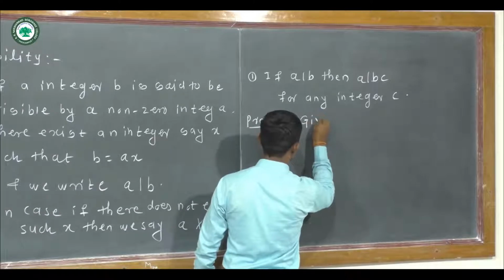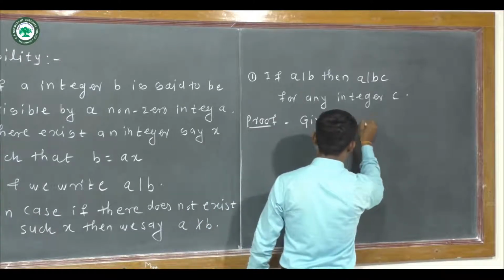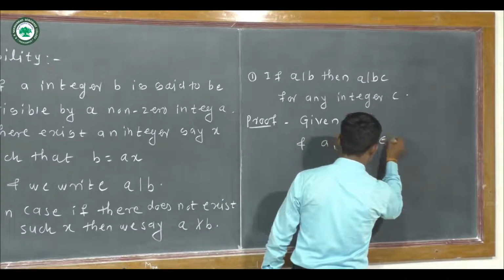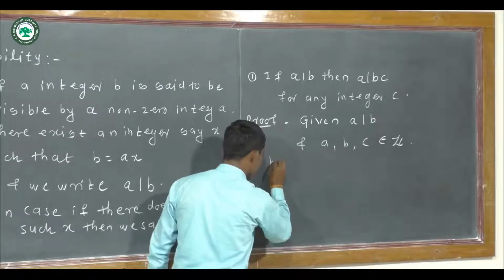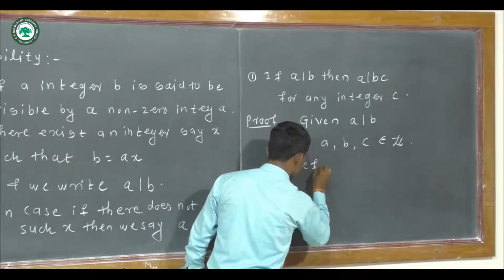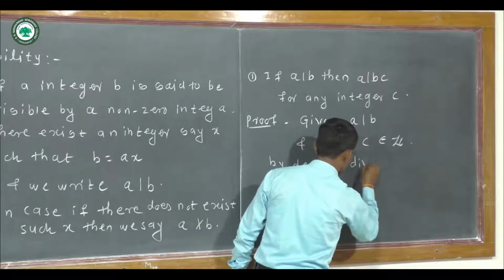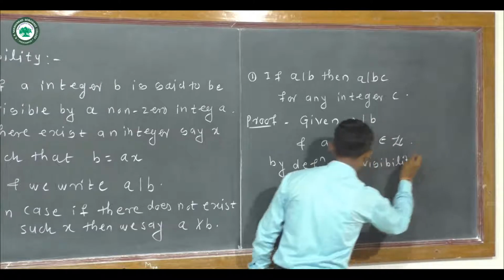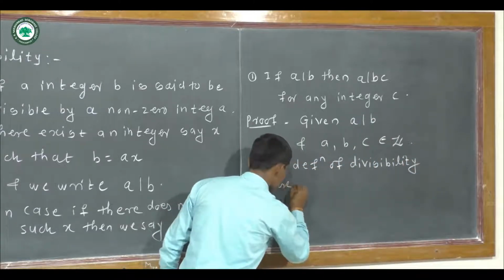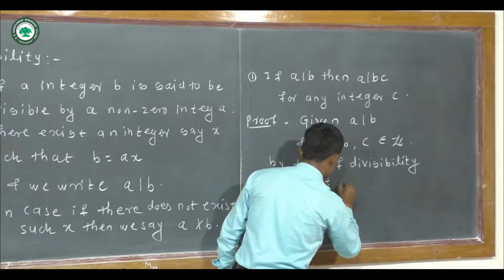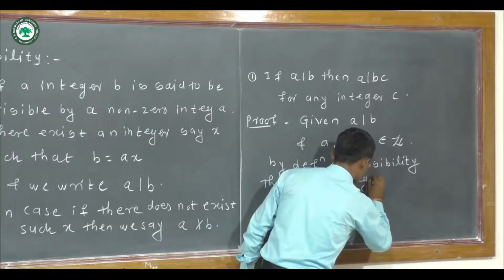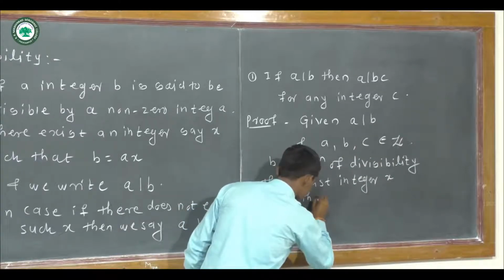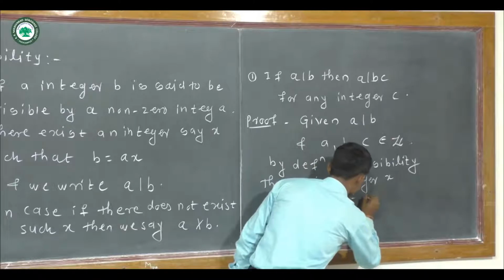Given a divides b and a, b and c belong to Z. Now by definition of divisibility, there exists an integer x such that b is equal to ax.